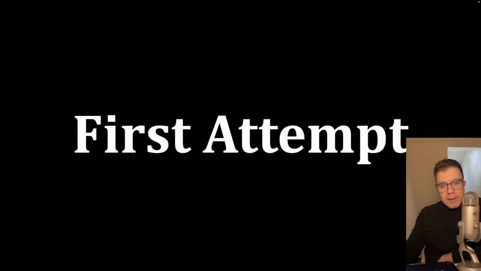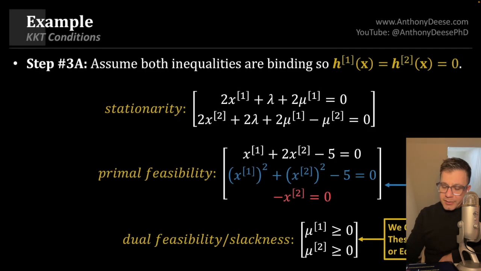All right. So like I said, we have 4 different cases to look at, and I'm going to call them attempts. The first attempt, or the first case of complementary slackness, is shown here. In the first case, we assume that both of the inequalities are binding, so they're both equal to 0. Now what we've done down here is we've adapted our KKT conditions slightly.